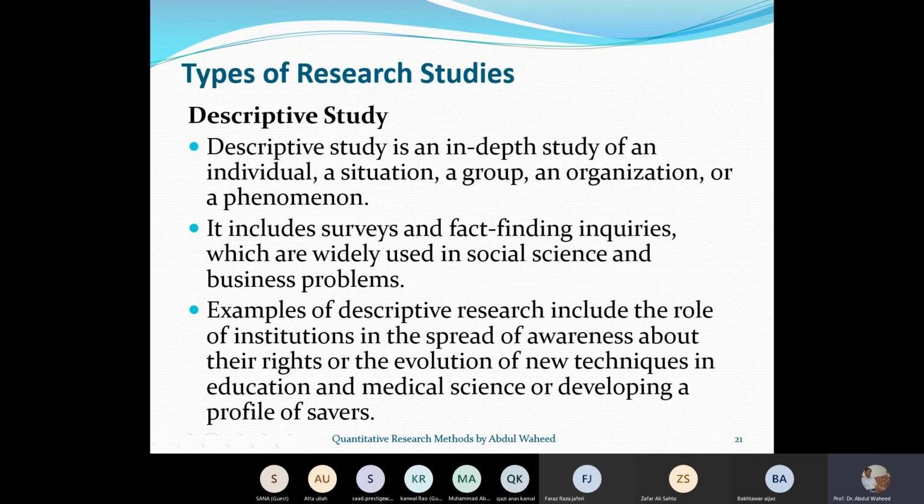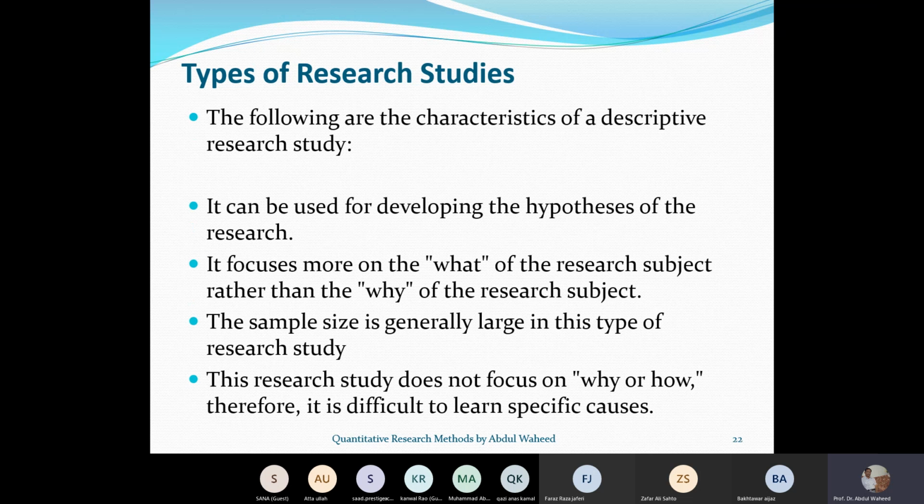Then we have descriptive study. So descriptive study is an in-depth study of an individual, a situation, a group, organizations. So in descriptive study, we basically describe someone, some person, some situation, some group, some organization.